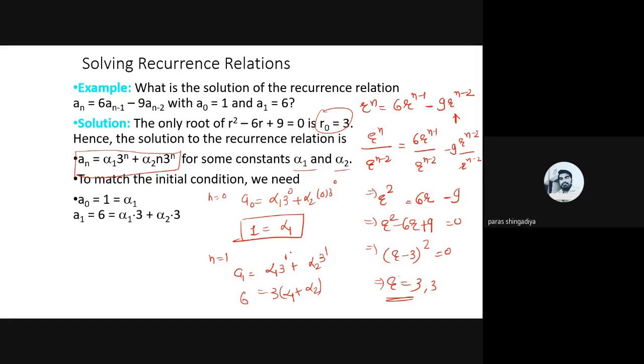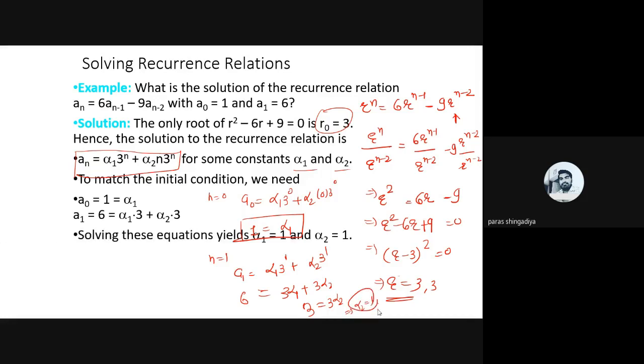So put alpha1 = 1. When we simplify, we get alpha2 also as 1. Let us check it. We have to put the value of alpha1 as 1, so 6 - 3 = 3, that is 3 = 3 alpha2, which means alpha2 = 1. So here we get alpha2 is also 1.